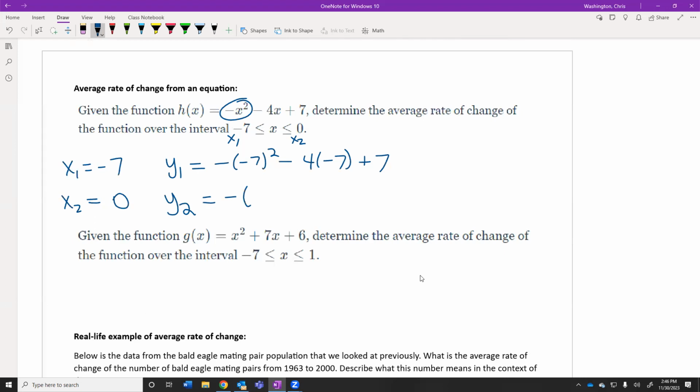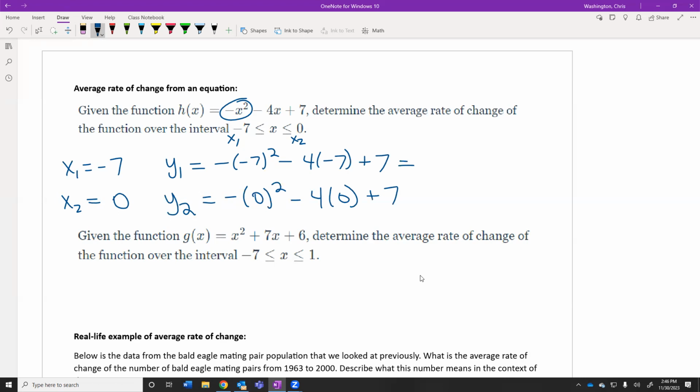Y2, we're going to find y2 the same way. We're going to plug 0 in, which is x2. Plug x2 in to find y2. And this one's a little bit more time consuming because we do have to find the y values first before we can find the average rate of change. So this first one, we get -49.